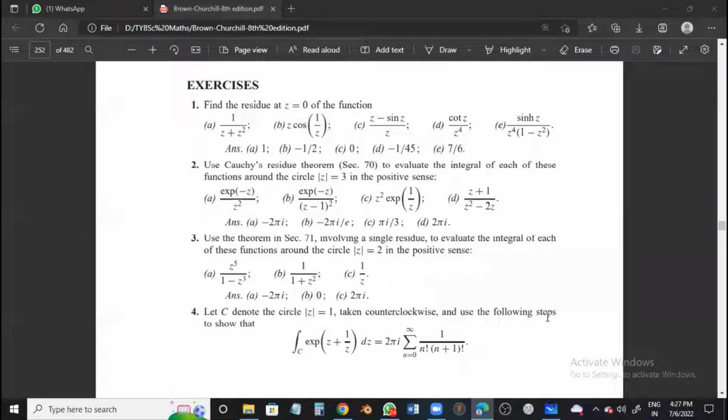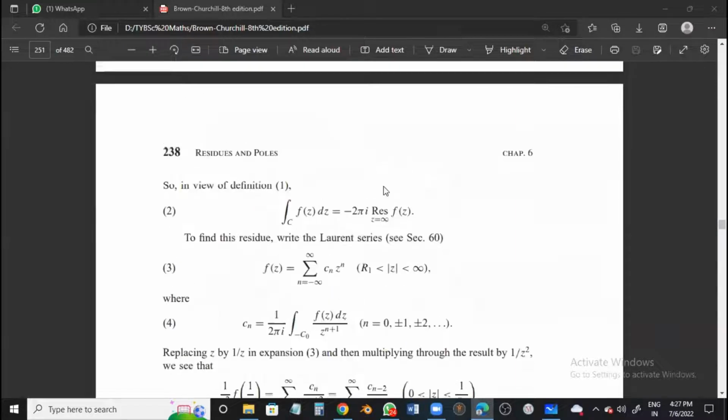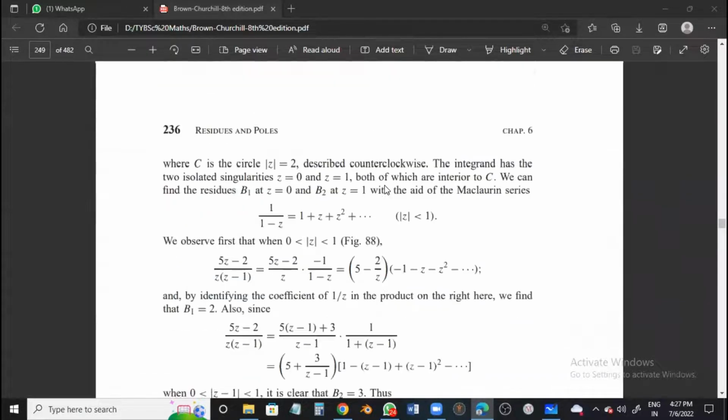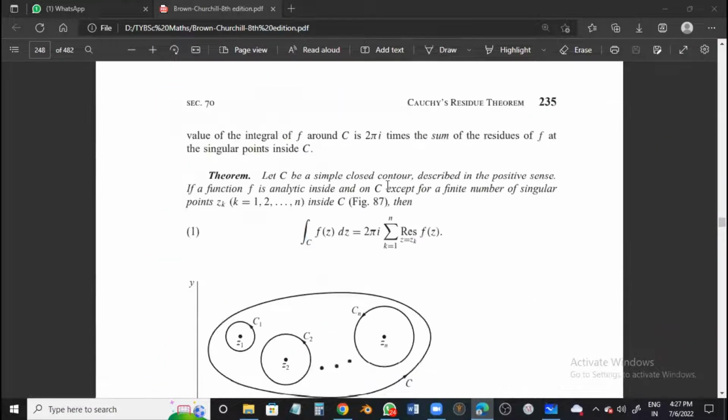So let us continue again with residues. Last time we have seen that by Cauchy's residue theorem, we get the integration over C of f(z) dz equal to 2 pi i times the summation of residues of f(z) at z equal to zk, provided the zk are the points where the function is not analytic and these are finite in number.